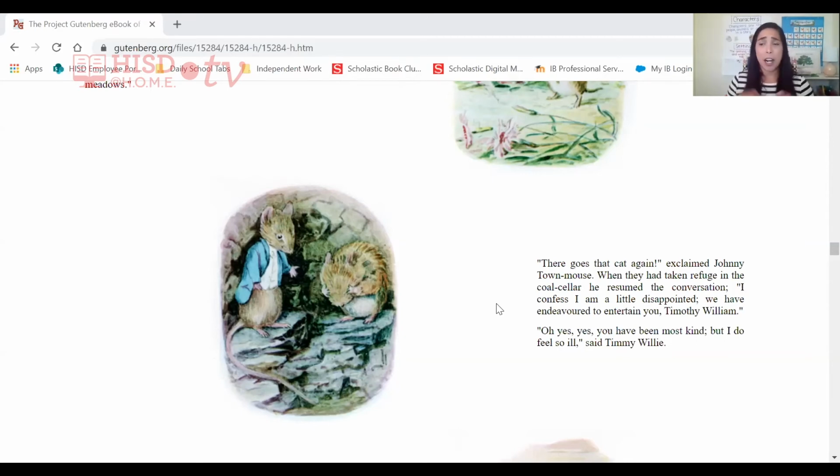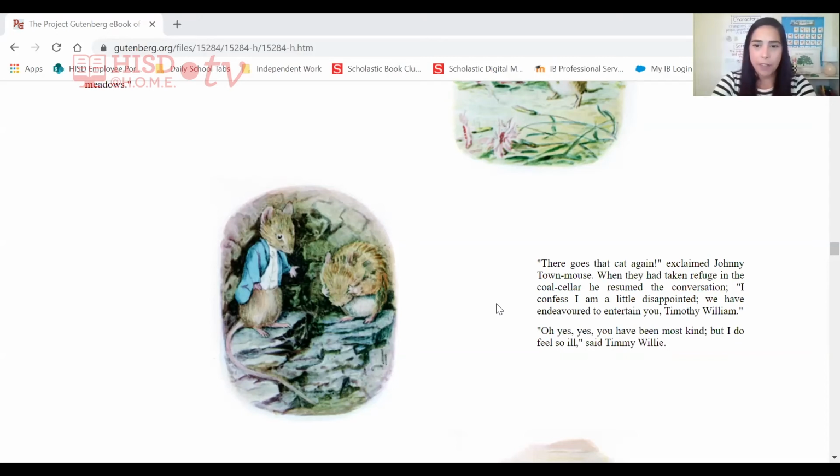So I'm inferring a couple of things here, boys and girls. I'm inferring that Johnny has really worked hard to make Timmy Willy feel comfortable, but it is just not home. You see this in the clues. Timmy Willy looks so upset. I see that in the pictures. His tummy is upset. He is not feeling well. He's terrified of the cat, and he just wants to be back in the quiet.